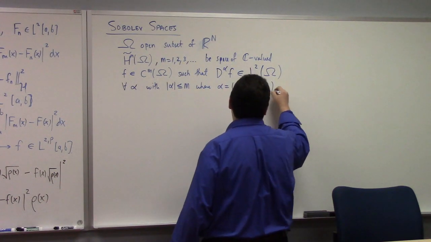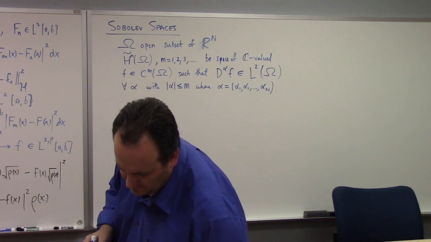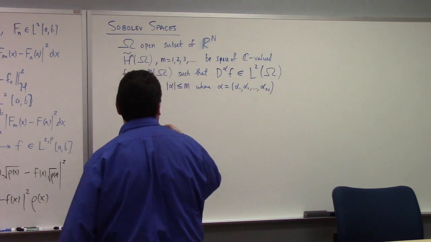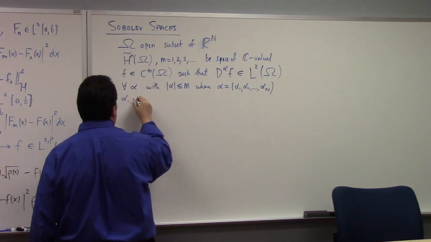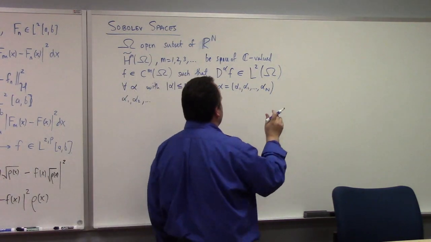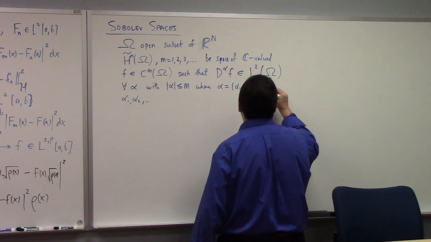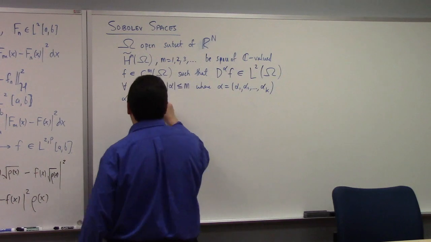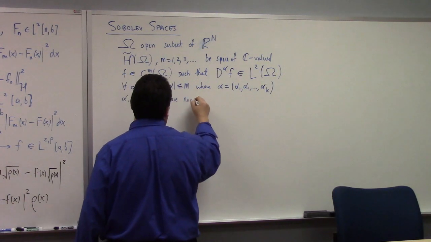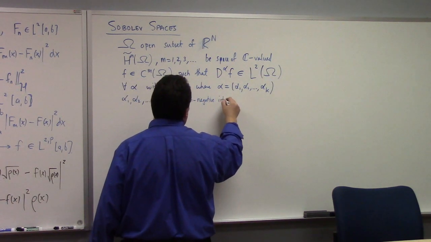Alpha 1 through alpha n are non-negative integers. Oh, I'm bad.